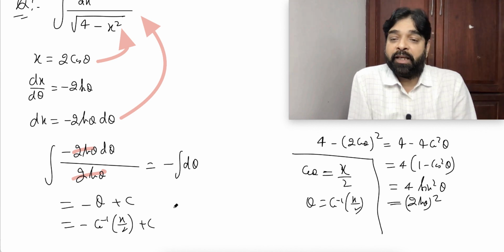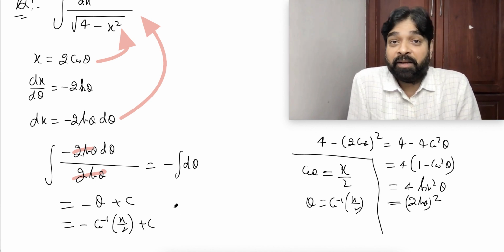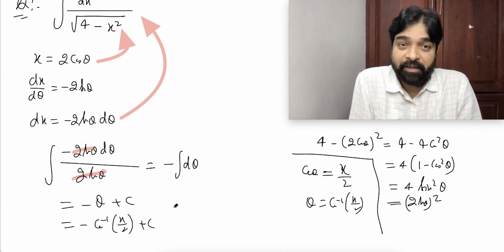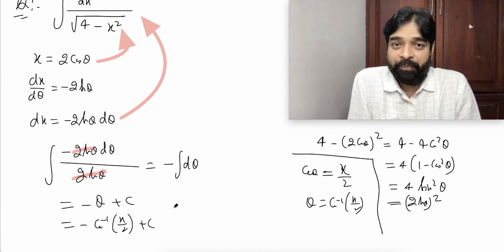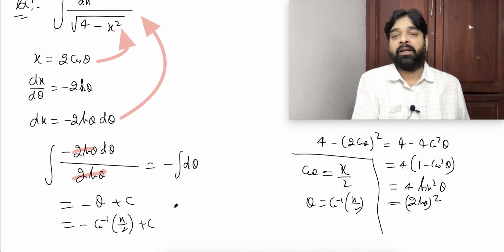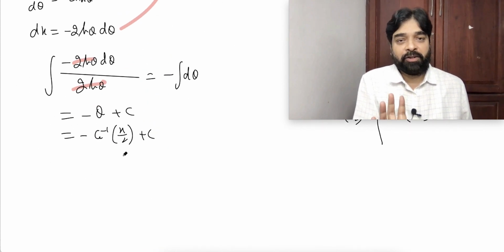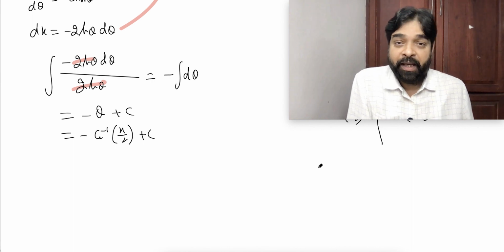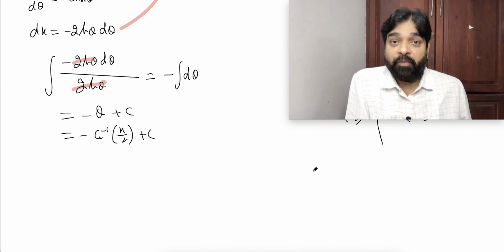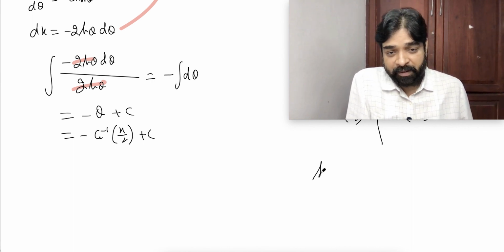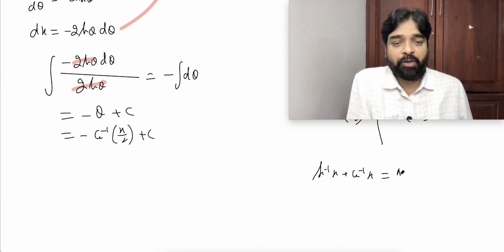Some of you will say, sir, I was saying the answer was different. See, the answer is different. No, it's not different. Think carefully. Sin inverse x by 2 plus c, compared to minus cos inverse x by 2. Look here. If you study inverse trigonometric functions, sin inverse x plus cos inverse x is always equal to pi by 2.